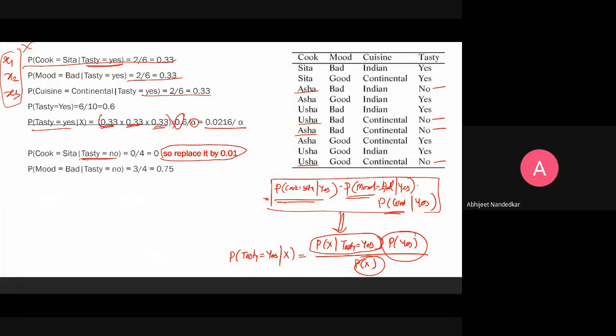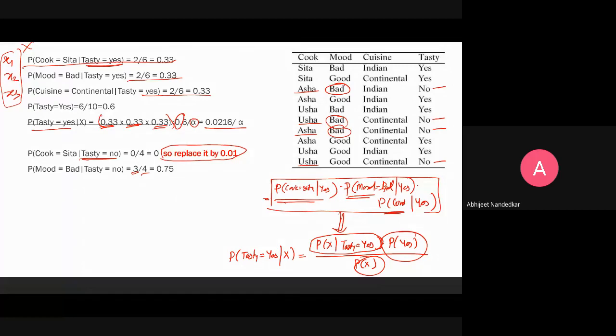Now next step is go to the mood equal to bad when there is no tasty food. So we have 4 samples, as I said. Now I am concentrating on just mood. So mood is bad here, mood is bad here, mood is bad here. So in general, whenever mood is bad, I can say that there is no taste. So 3 out of 4 cases are like that.